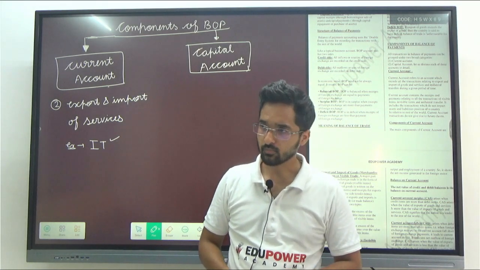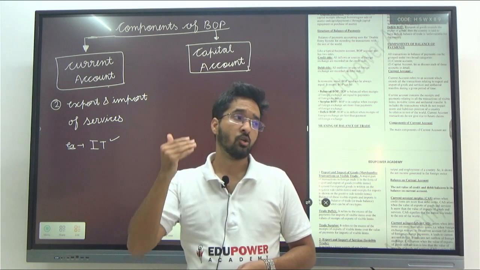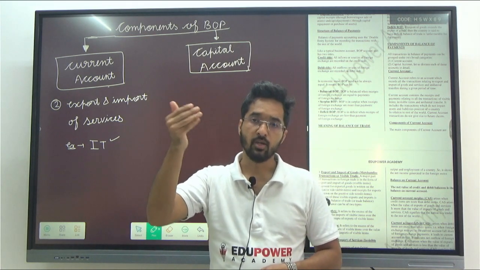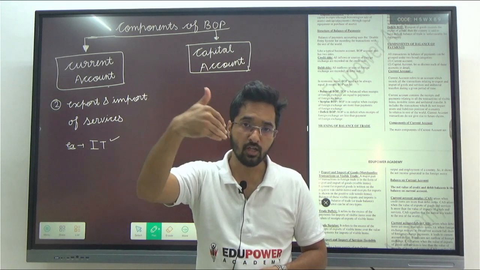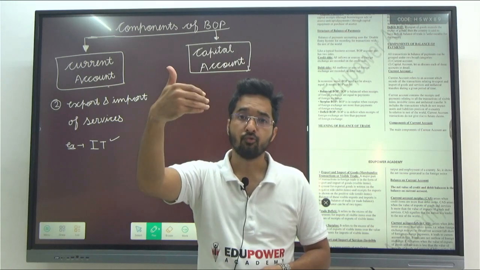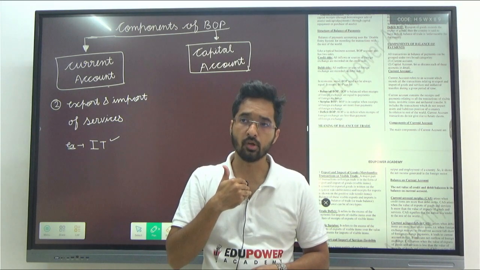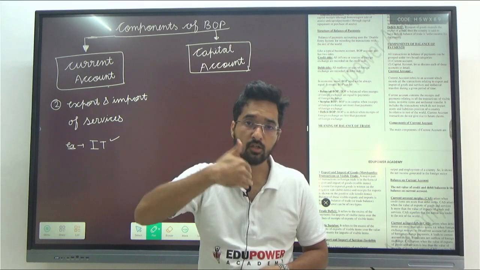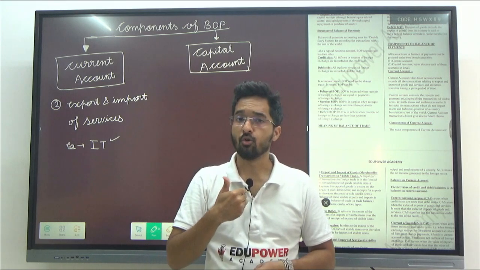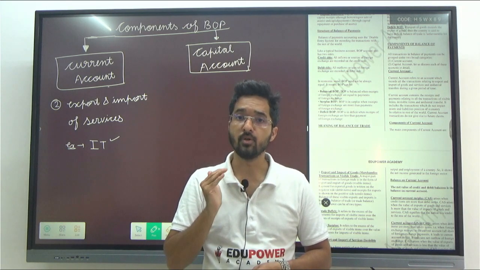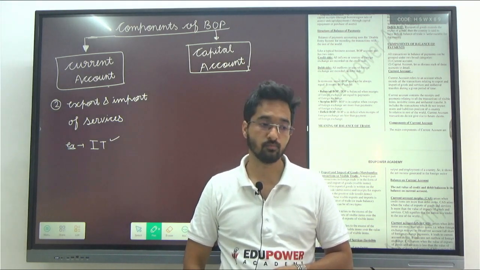India has provided services, and in return India will get foreign currency, the payment in dollars. This money will flow inside India, and hence it will be recorded on the credit side of the balance of payment.